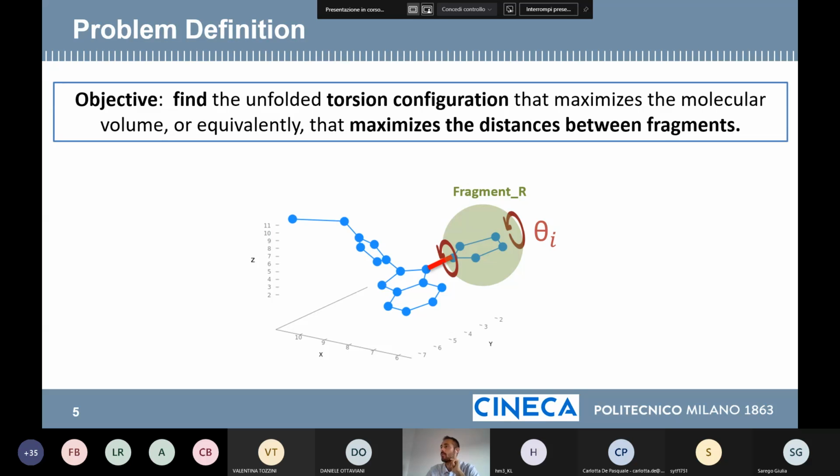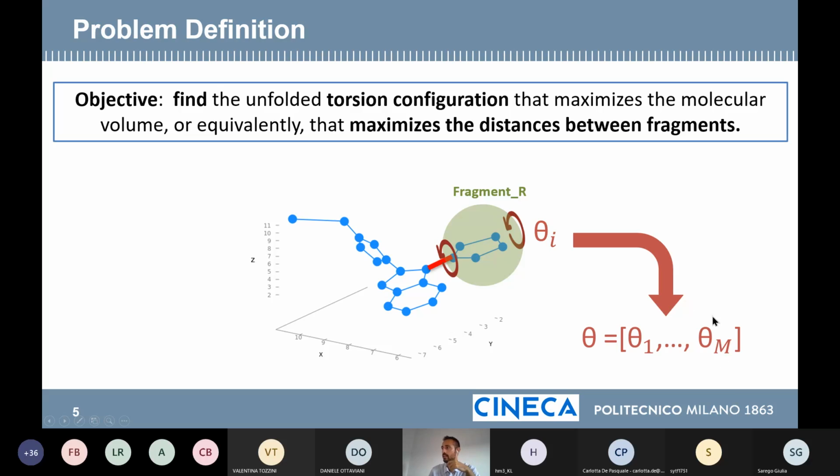Of course, this rotatable bond can rotate by some angle theta, and since in your molecule you could have, in general, a number of rotatable bonds that goes from 1 to m, your full torsion configuration that identifies your molecule can be expressed as a vector of this kind. So it's a vector defining the value of each rotatable bond.